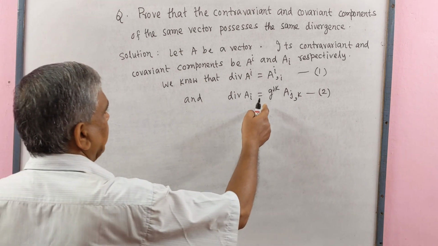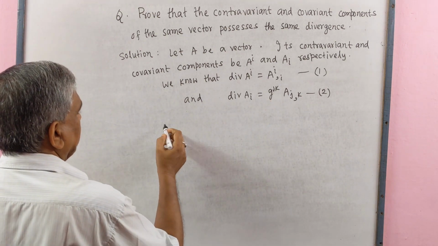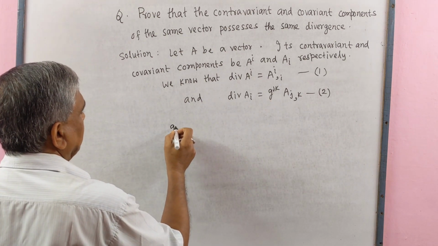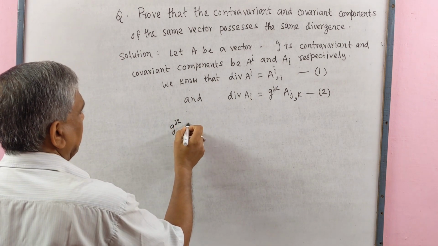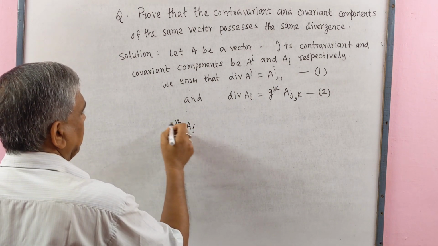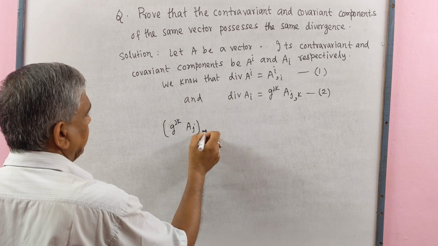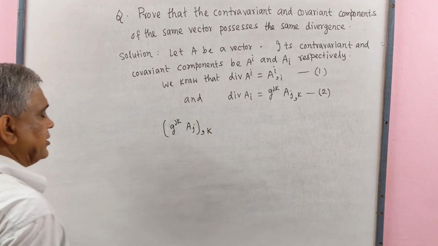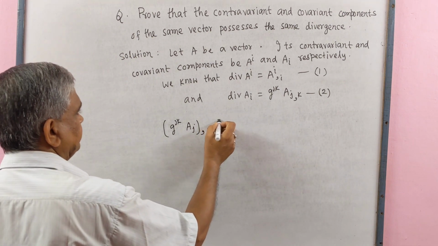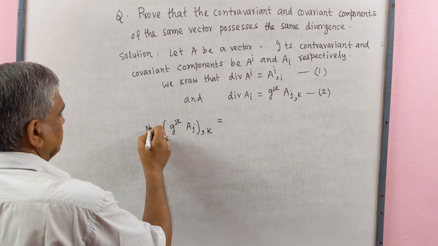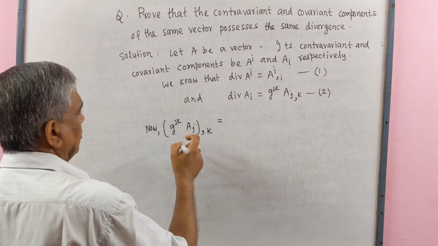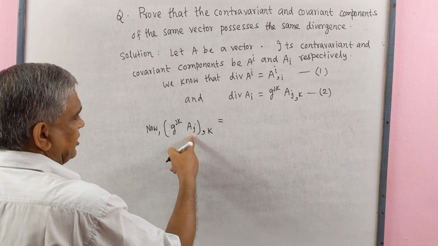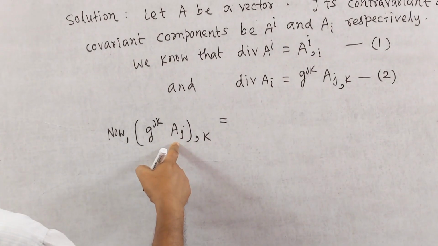Firstly, we take g^jk A_j, with total covariant derivative with respect to x^k, the product of two tensors.